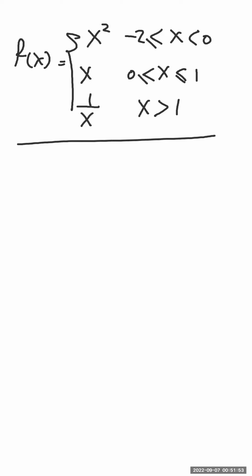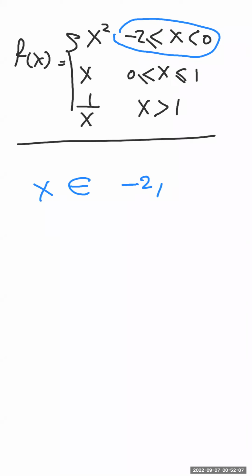The first one, x greater than or equal -2 and smaller than 0, x belonging to closed -2, 0 opened. Why closed? Because of or equal. Why opened? Because smaller than only. So this is the first one.